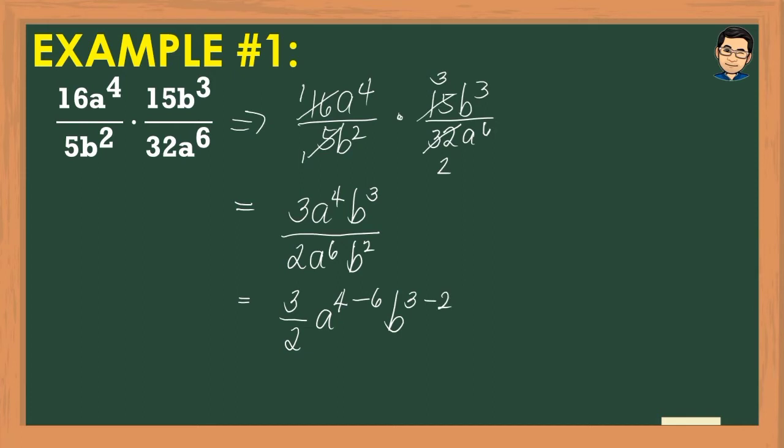So, our final answer, 3b all over 2a squared. So, yung a po, nasa denominator po siya. It's because 4 minus 6, that is negative 2. And then, kapag mga negative exponents, kailangan po natin i-move from numerator to denominator para maging positive yung exponents. So, this will be our final answer.